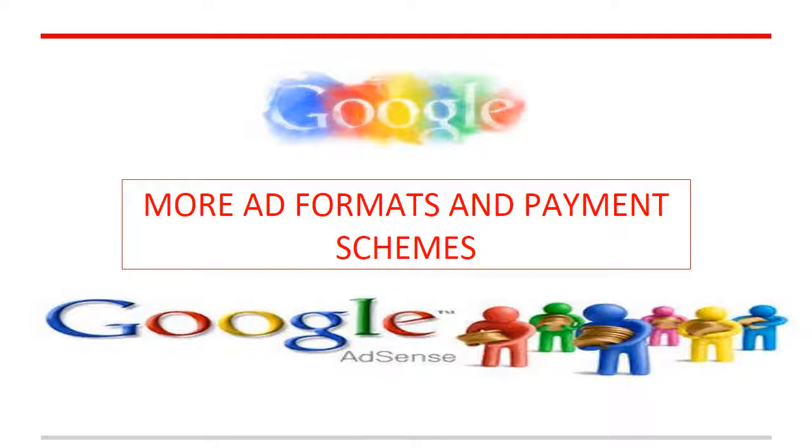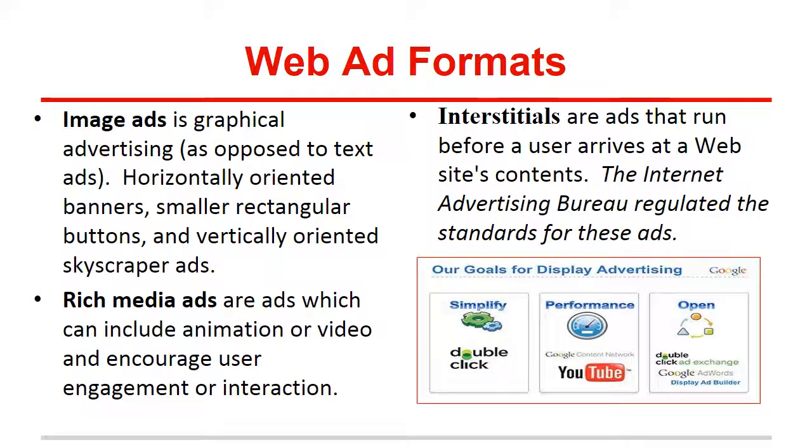Online ads that run through Google Display Networks or on most competitors' networks can be displayed in several formats and media types, and can be billed to the customer in different ways. Web ad formats include but are not limited to the following: image or display ads such as horizontal-oriented banners, smaller rectangular buttons, and vertical-oriented skyscraper ads.